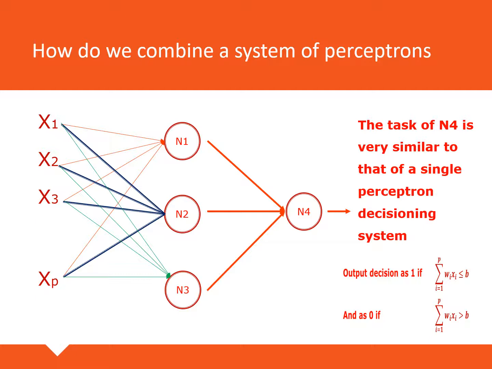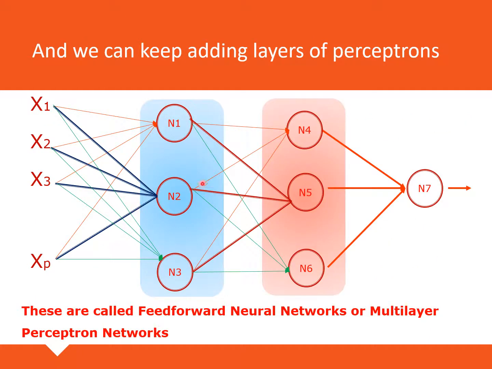And if you would have guessed by now, it's possible to extend this even further. Initially we had just three neurons, N1, N2, N3, or three perceptrons, each doing some decisioning, and their decisions were finally combined by another perceptron. Now we can introduce another layer out here, right? Instead of having N4 as the final one, we could have N4, N5, N6.